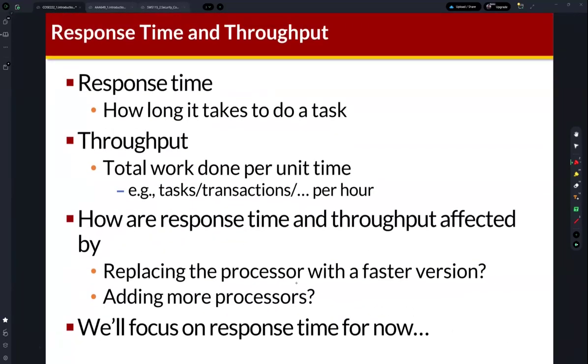So response time, or execution time, or latency, means how long it takes to do a task. Now we can measure the response time as the time gap between the start time and the end time of a certain task.